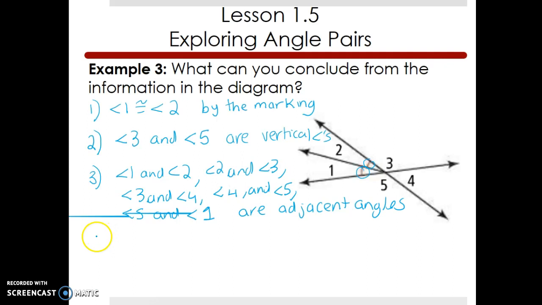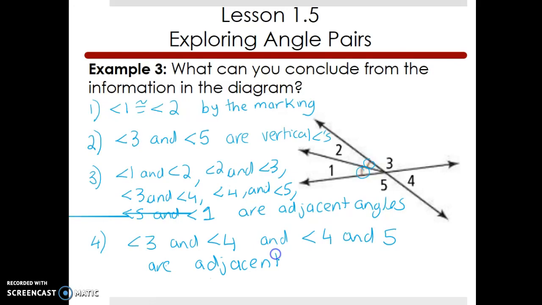And the last thing I think that I can conclude from this picture is that if it's supplementary and adjacent, which basically means there are two angles that are adjacent to each other that make up a straight line. So we can say that angle 3 and angle 4 and angle 4 and angle 5 are adjacent supplementary angles.